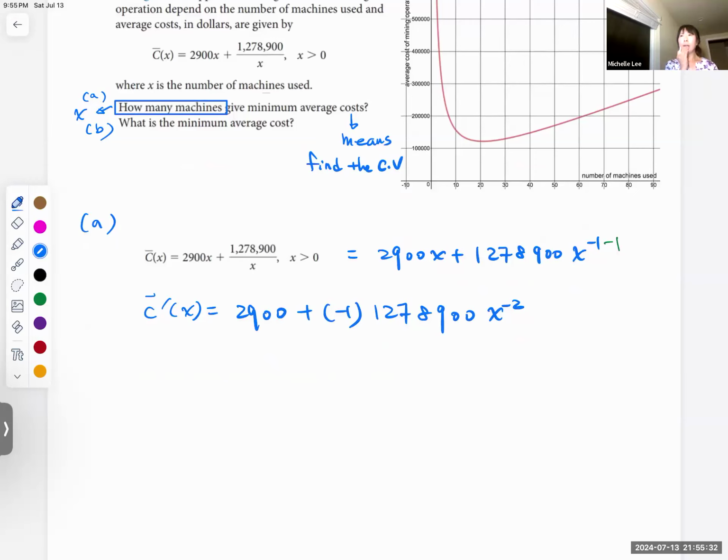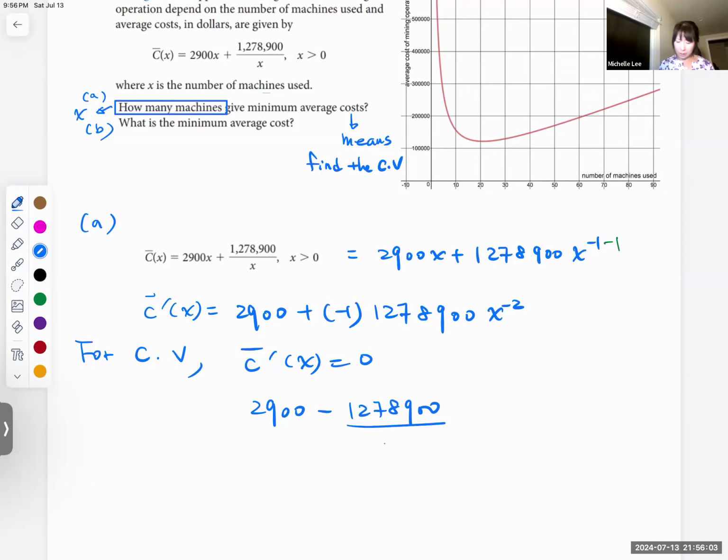Okay. Now, critical value, we set the derivative equal to 0, right? Oh, not this one. C prime of X equal to 0. So we have 2000 minus 278,900 over X squared equal to 0, right?